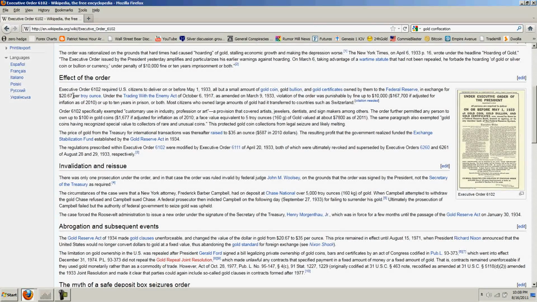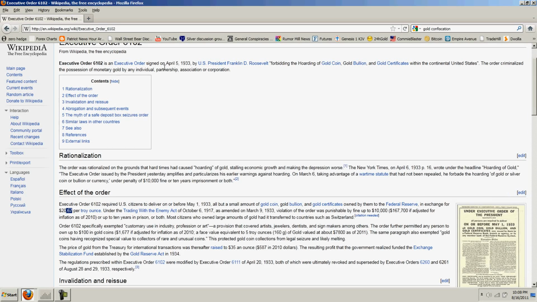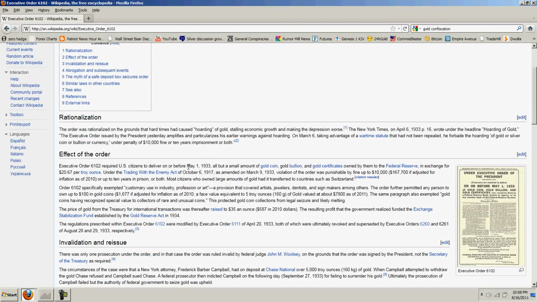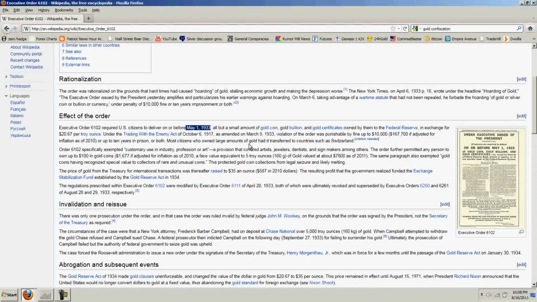So they paid a 3% premium for you to turn in your gold. Now, the date of this executive order was April 5th, 1933, and the date that it gave for this to occur was May 1st of 1933. So, at the current price that gold was trading at, you actually made a 3% profit.